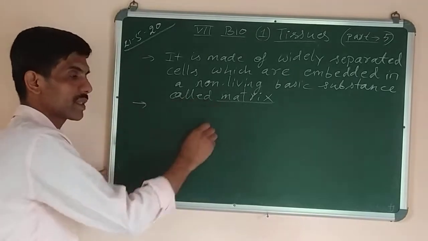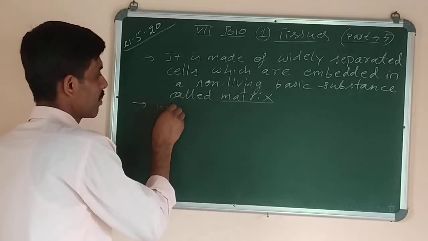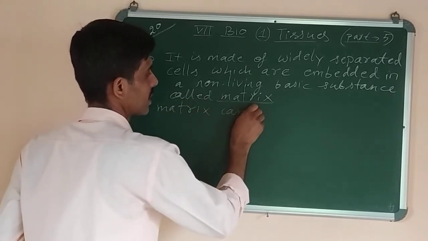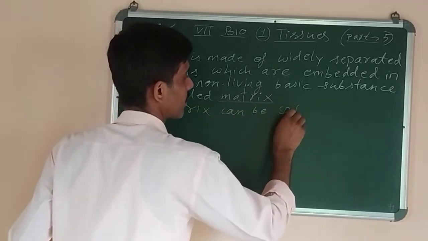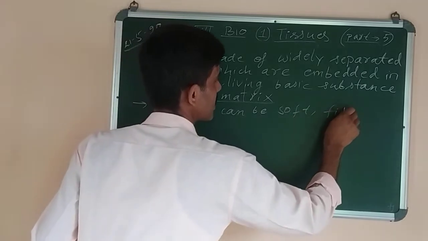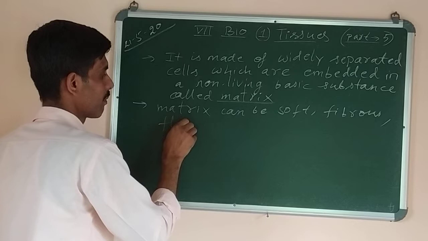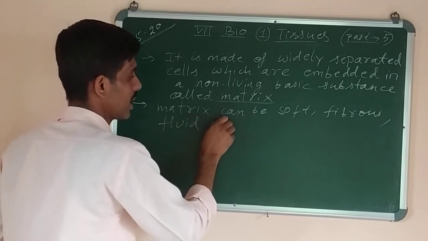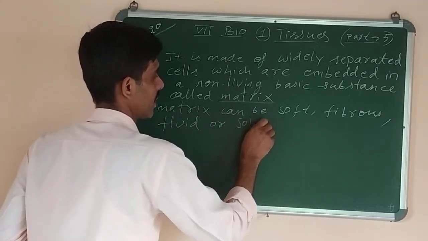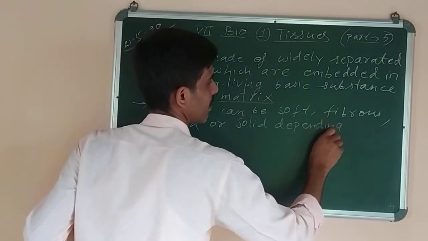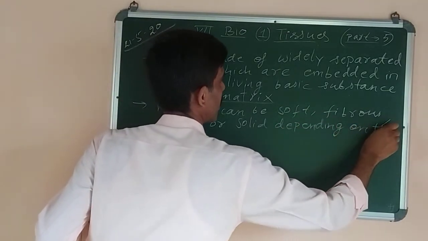And the second point, the matrix can be soft, it can be fibrous, it can be fluid or solid, depending on the type of connective tissue.